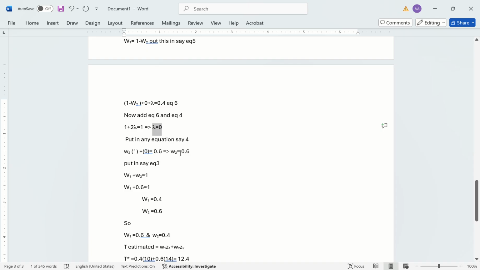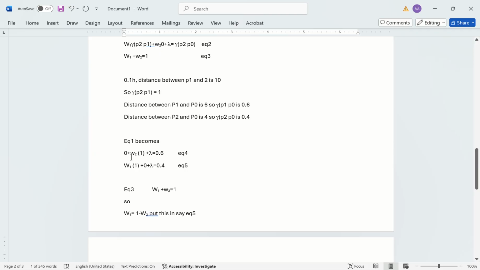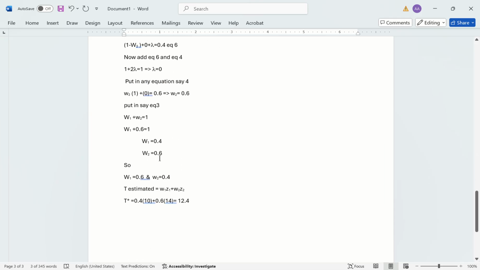0. Okay, so now we will put this value of lambda, which is 0, in equation number 4. So equation 4 is over here: 0 plus W2 plus lambda is equal to 0.6.